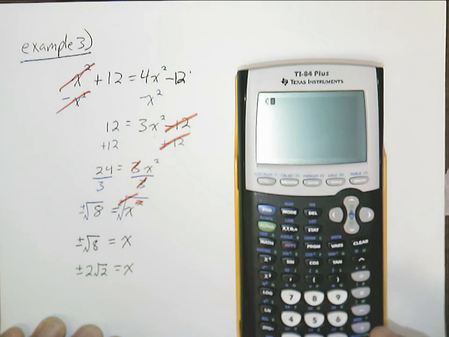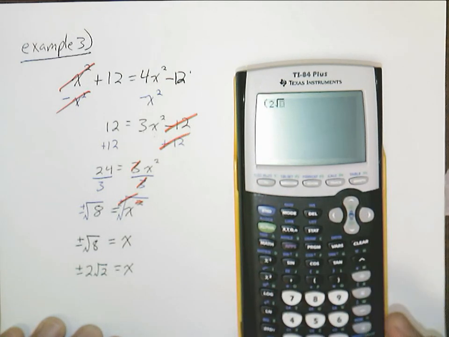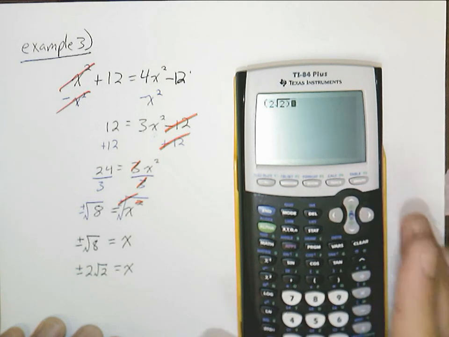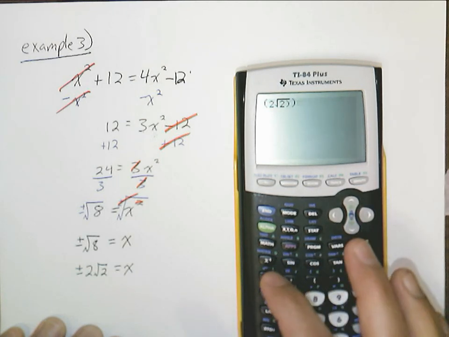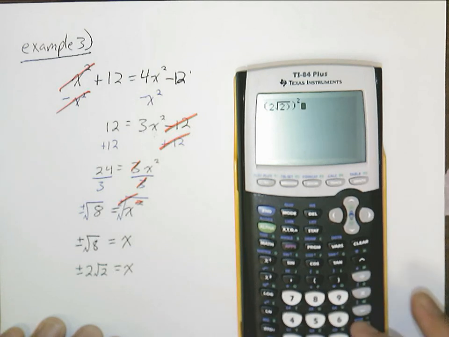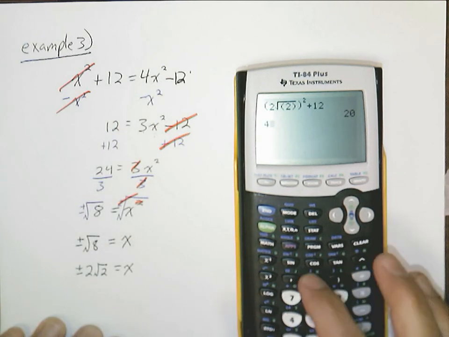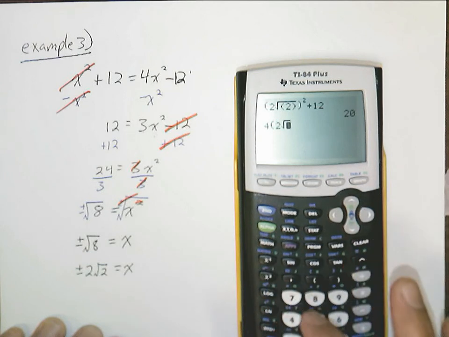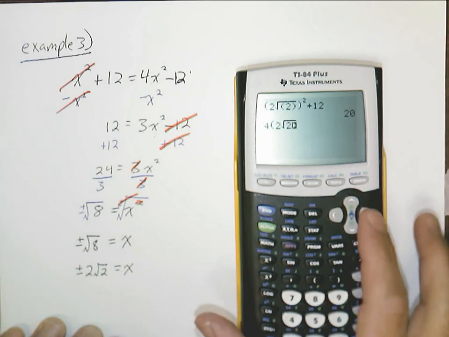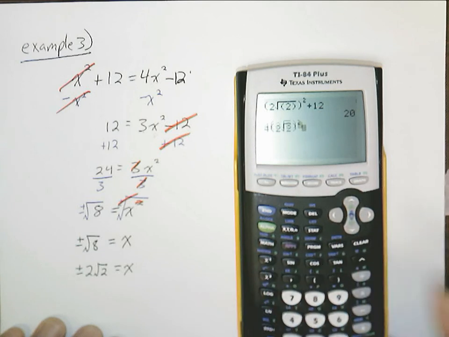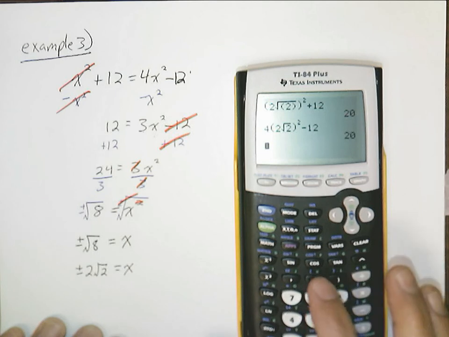We're going to take 2 times the square root of 2, square that, plus 12. That gives us 20. The right-hand side, when we plug that in, 4 times 2 square root of 2, squared, minus 12, also 20. Fantastic.